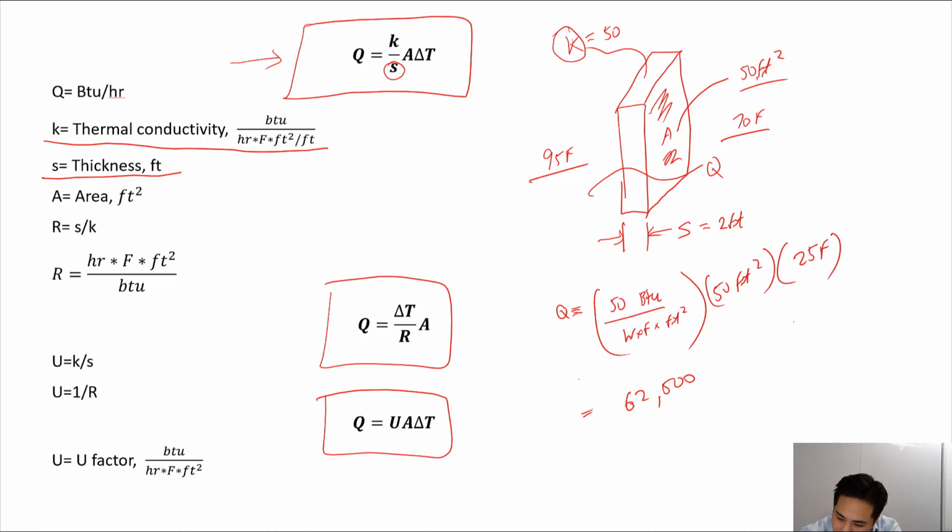And the units would be, this square feet will cancel out with this, the Fahrenheits will cancel out, and you're left with BTUs per hour. Another way to write that out is just 62,500 BTUH. It represents the same thing. And that actually checks out because Q is in units of BTUs per hour. So we know that both sides of the equation have the same unit, so everything works out.